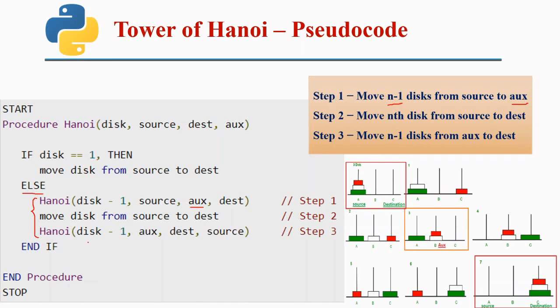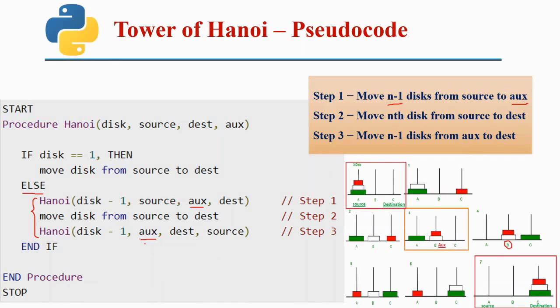That is, in the diagram you can see the two discs from tower B have to be moved to the tower C. Here tower B acts as a source and tower C is a destination. So when you see within the procedure, the first parameter to the function is disk minus 1 and next I have given aux. That is because I am going to take the tower B which is an aux tower.